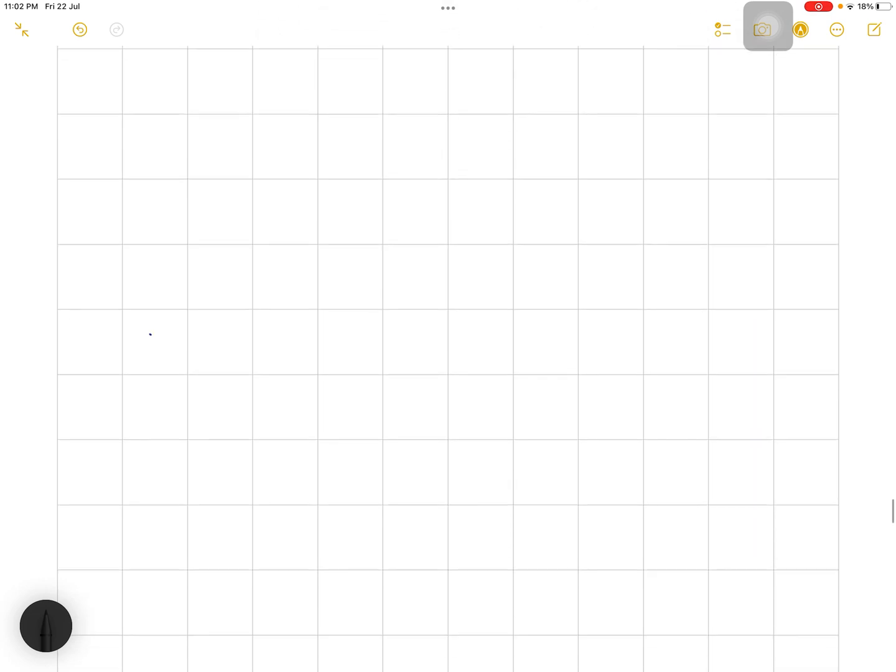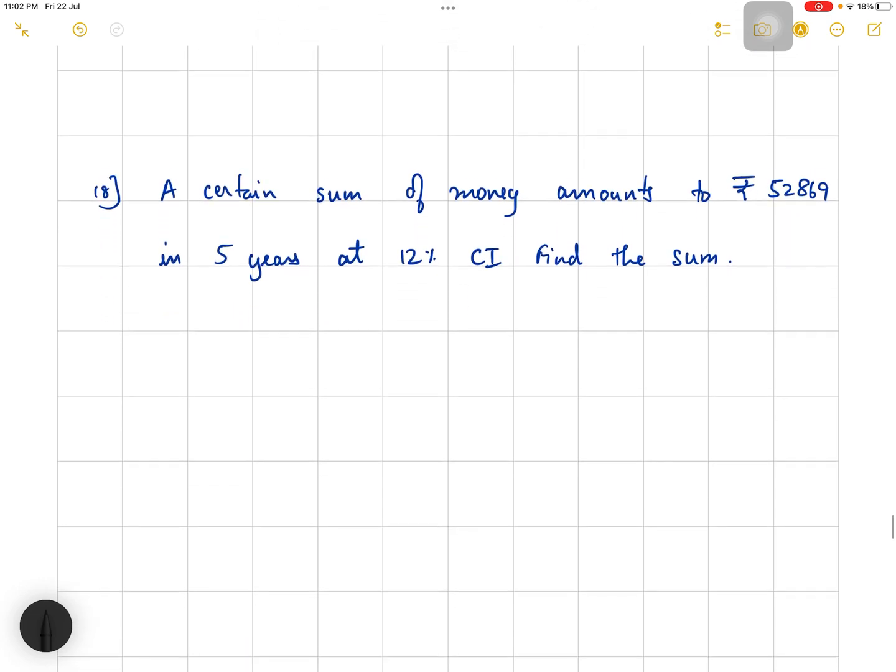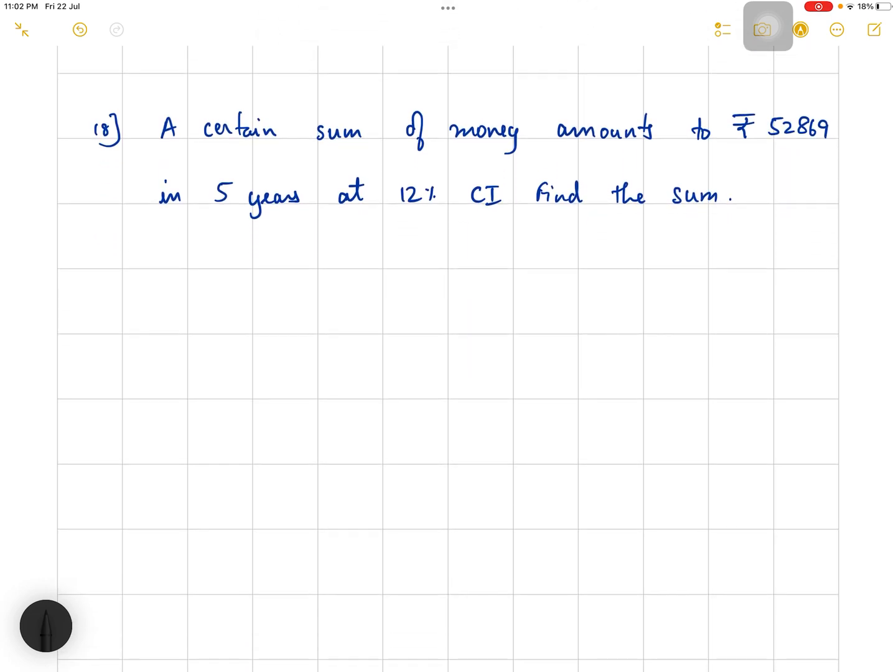Let's see the next problem. A certain sum of money amounts to 52,869 in 5 years at 12% compound interest. Find the sum. So here principal is asked.